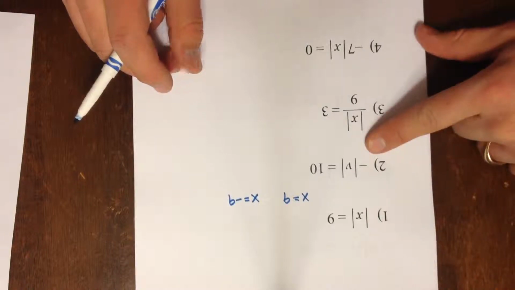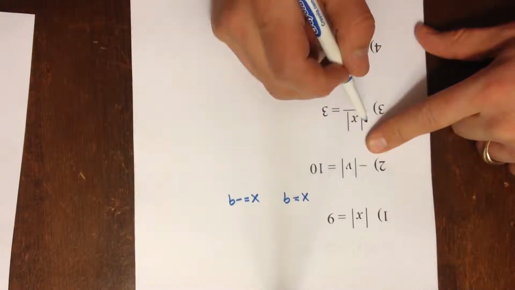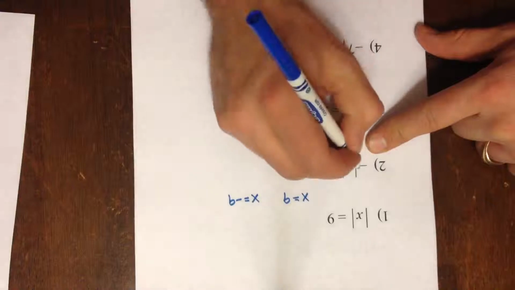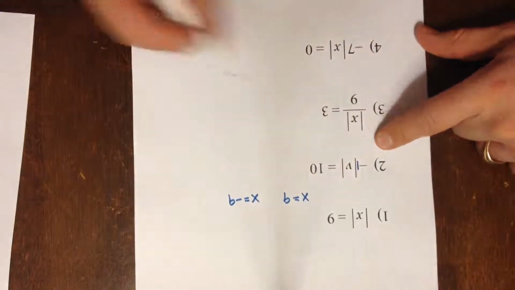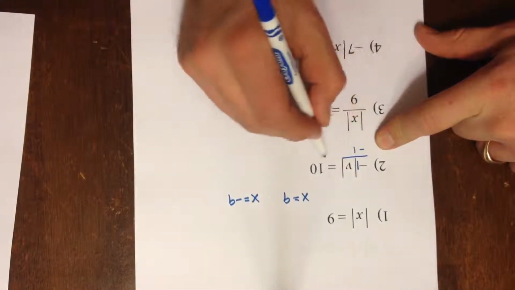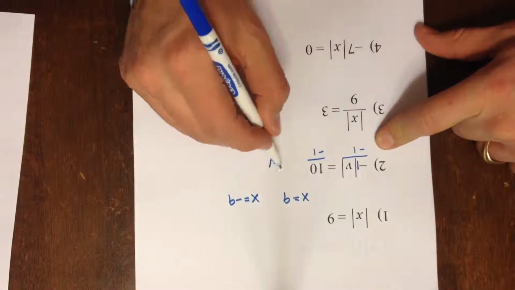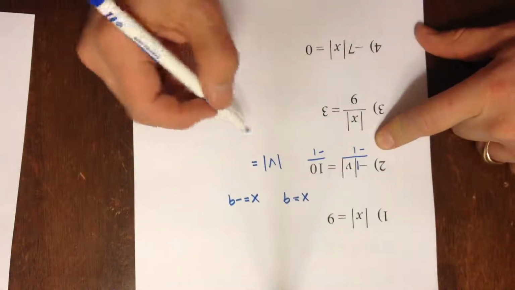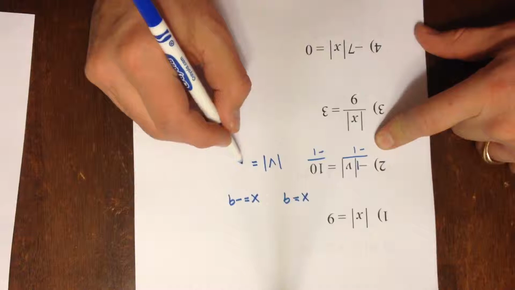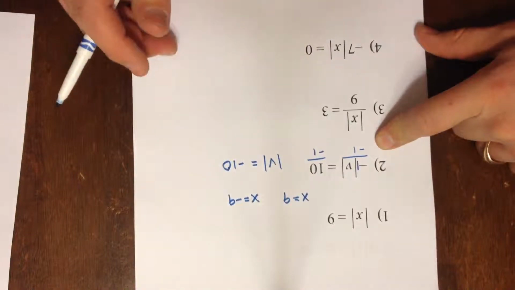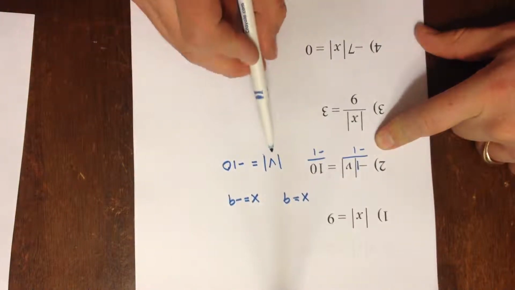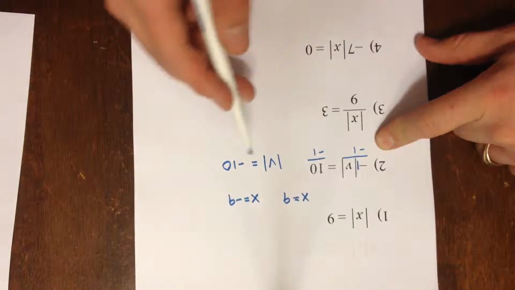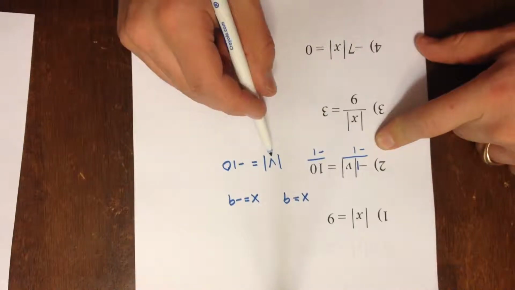Now this one here has a negative sign in front of it. It's basically like a -1. So to get rid of that, I divide both sides by -1, and now I can evaluate the absolute value of v equals -10. Now if you think about this, try to plug in -100.